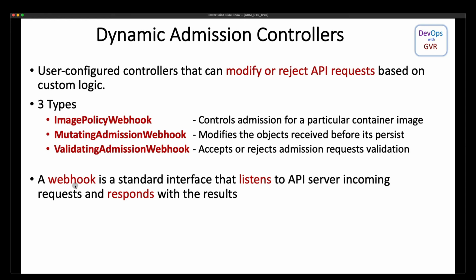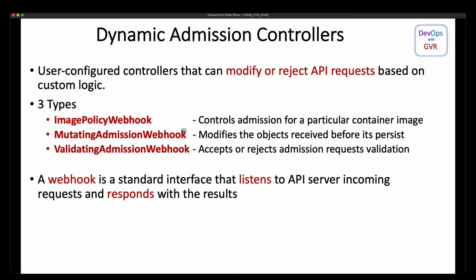Say GitHub is a webhook. Whenever I check in something, I want to do the CI/CD build, that's a webhook. So basically it will listen and just respond with some result. Here, with the image policy webhook, a policy can be applied on the image.